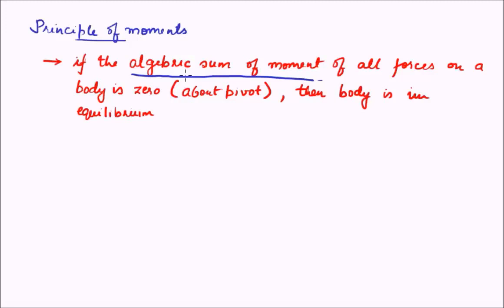We have to take into account the sign of moment due to each individual force, and when we add the moment for each force, taking into account its sign, the effective sum has to be zero for the body to be in equilibrium.